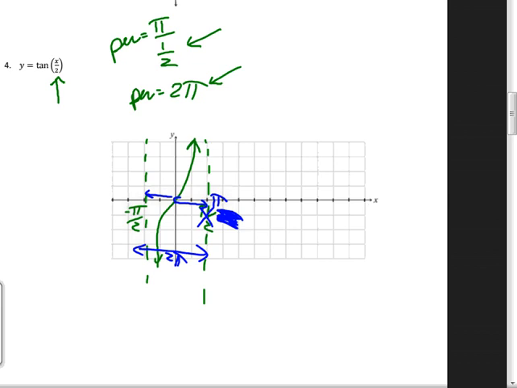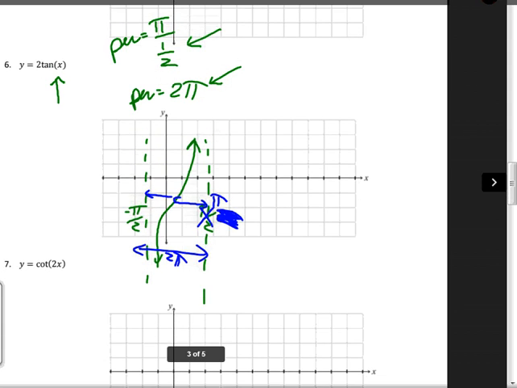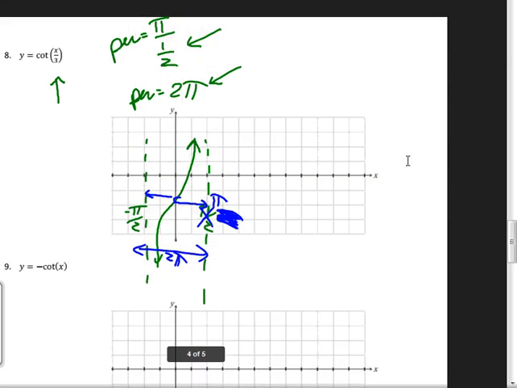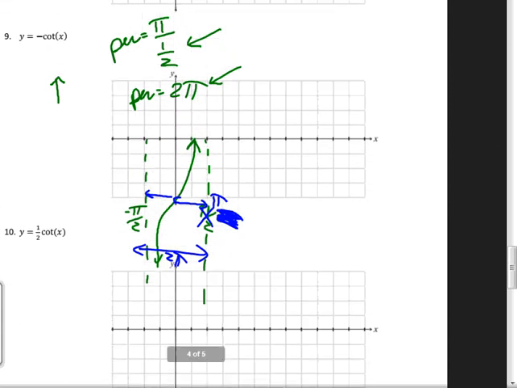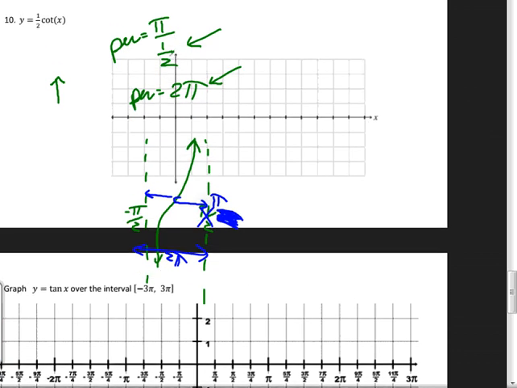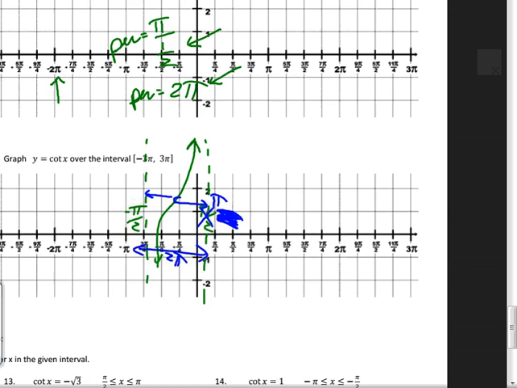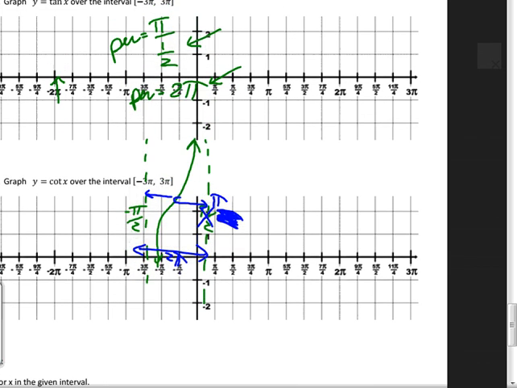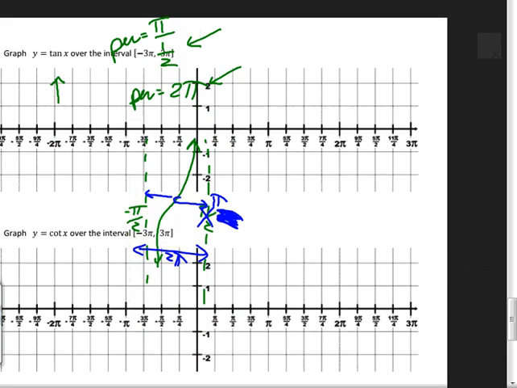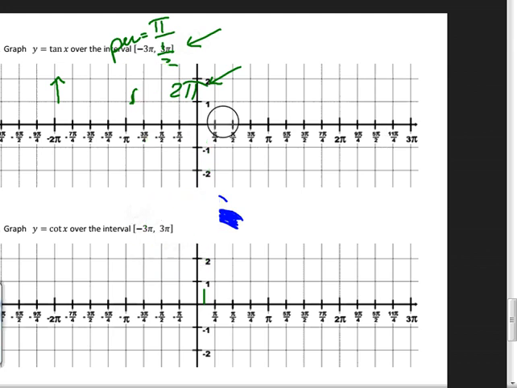Okay. So, let's see if there's any we can skip here. I'd say you could probably skip number 10. And 11 and 12 are good.